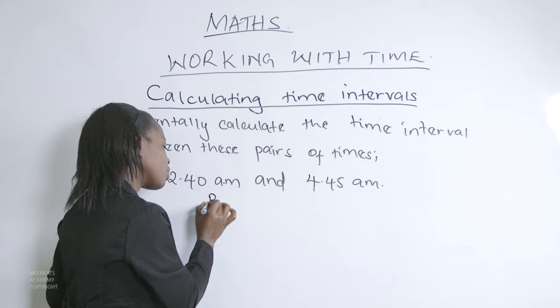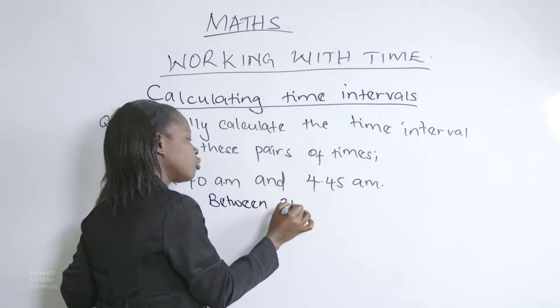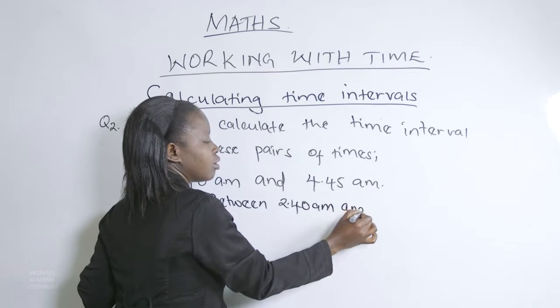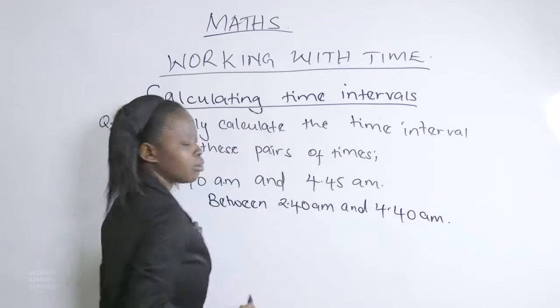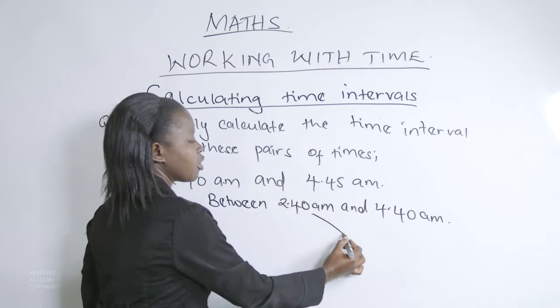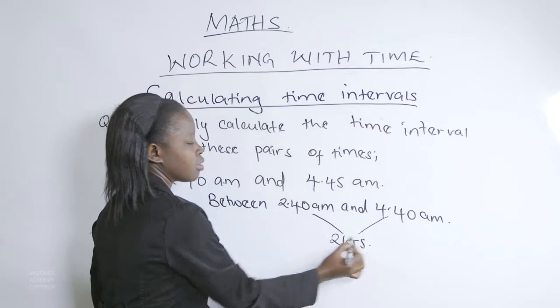Between 2:40 a.m. and 4:40 a.m., the difference of hours is simply 2 hours.